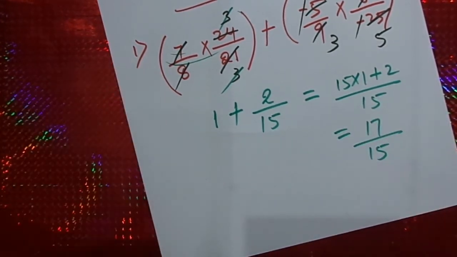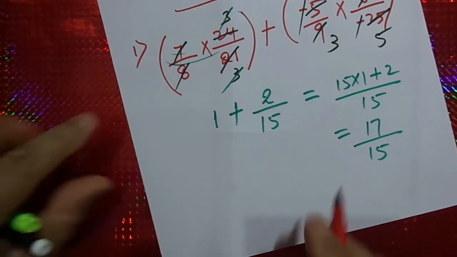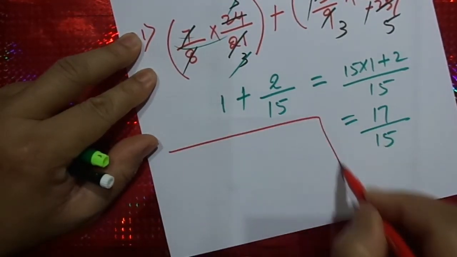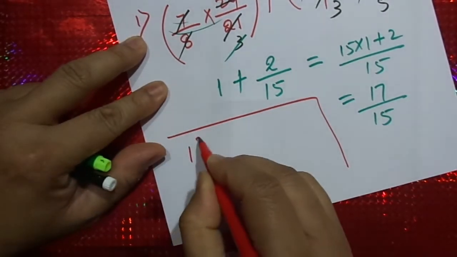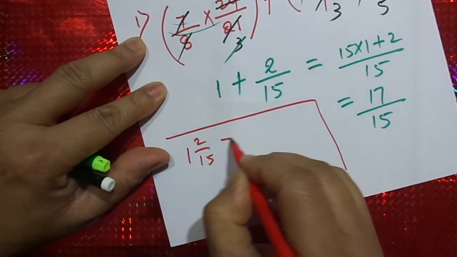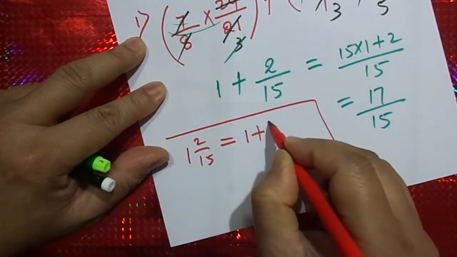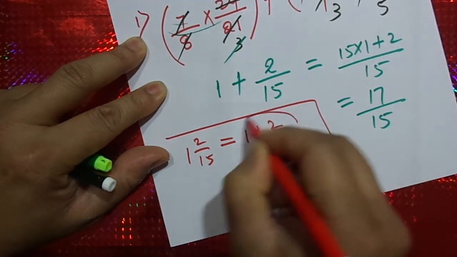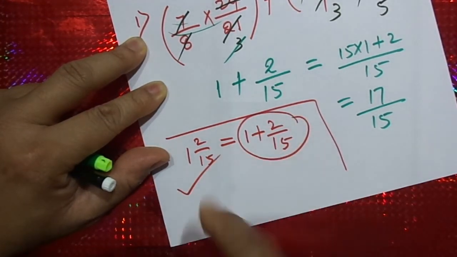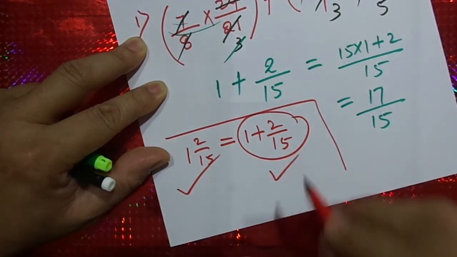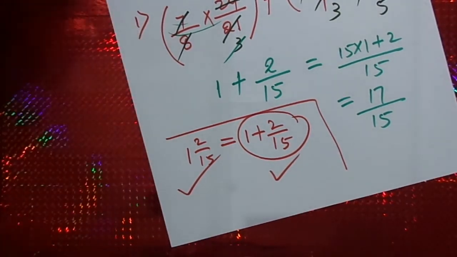I had already taught in the previous class that 1 plus 2 by 15 is the same as 1 and 2 by 15. So as you are treating this number, it should also be treated in the same way.